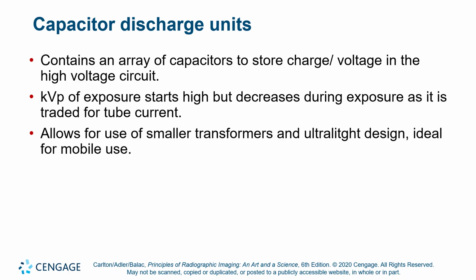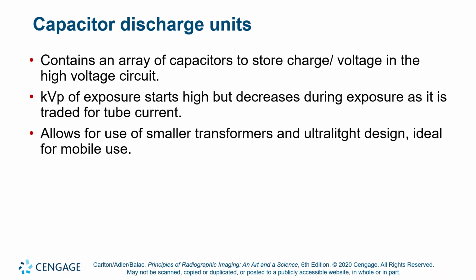And when you get full green, then you know it's ready to discharge your capacitor array and shoot an exposure. Once you shoot an exposure, you're going to bleed out most of the charge, and then you're going to have to wait again for the capacitor array to charge up.